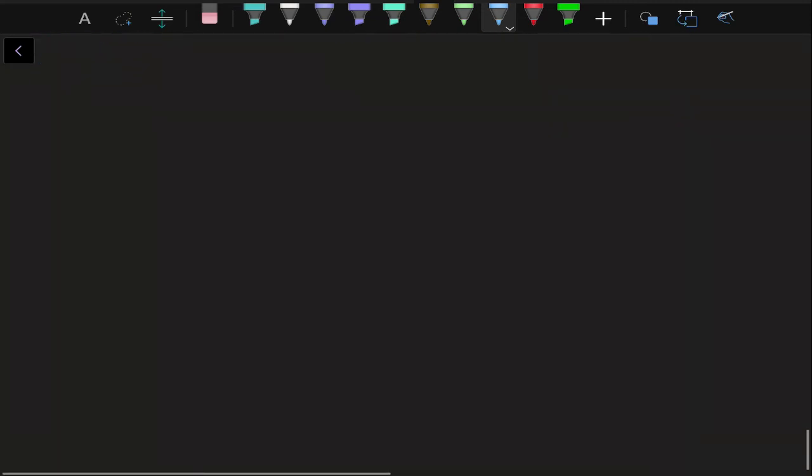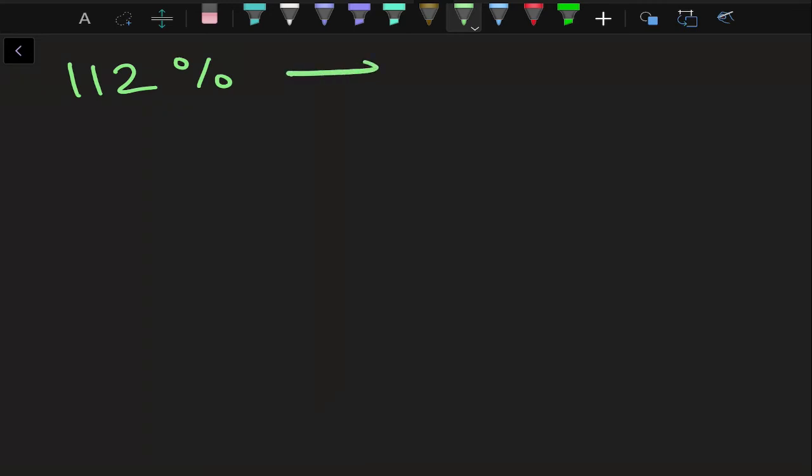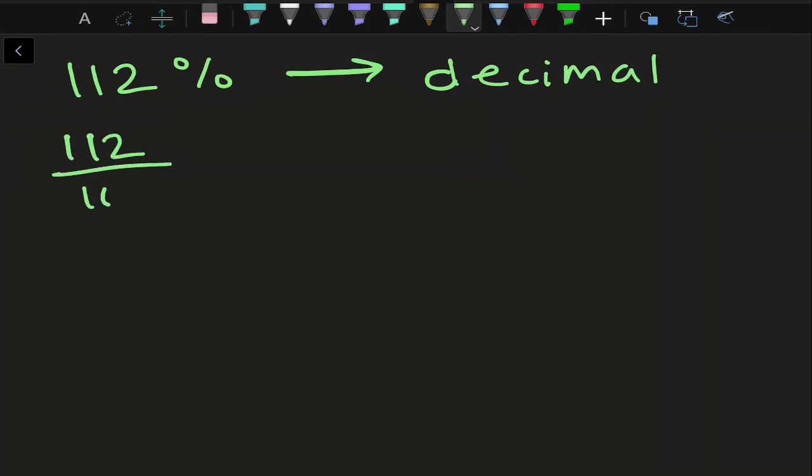Another example, we want 112% in decimal form. Okay, so for this one, I know that this is 112 per 100, but I also know that it might be easier without getting my calculator to just move that decimal quick.